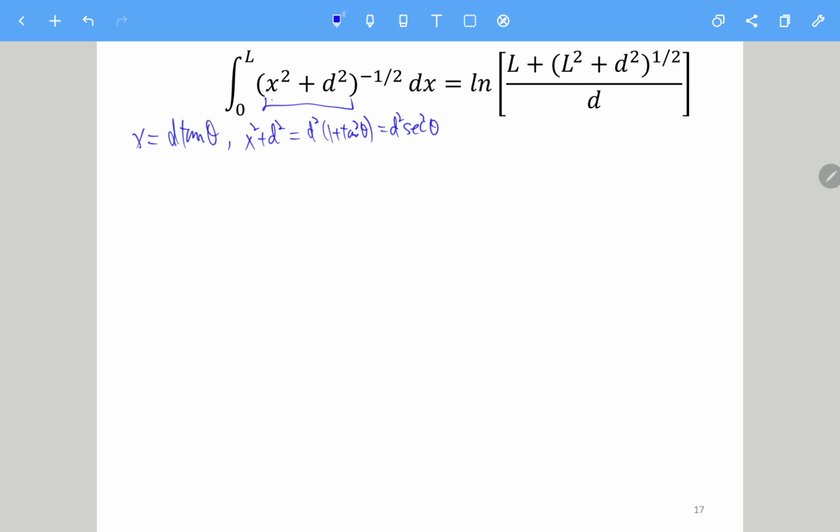And then we also have dx as d secant squared theta d theta. Taking the derivative of tangent theta gives secant squared theta.